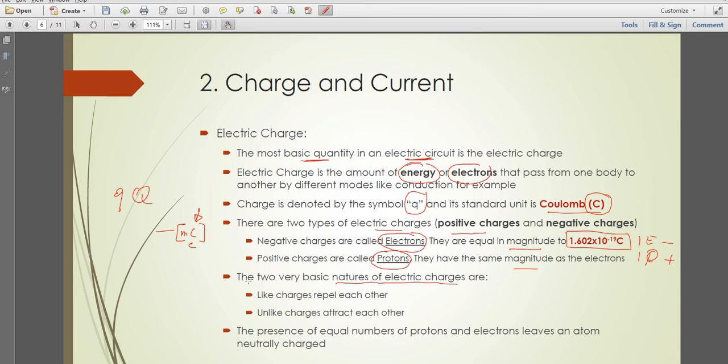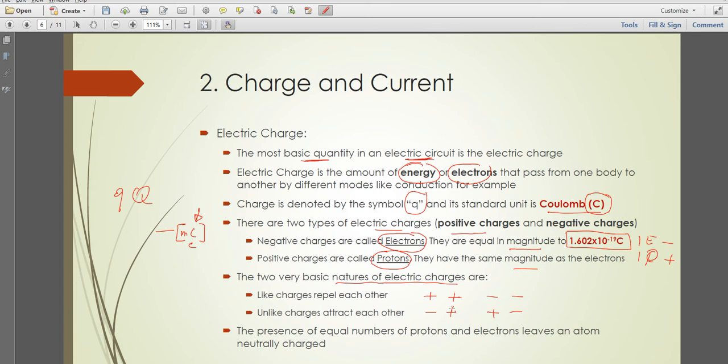Now, the two basic natures of electric charge: if they are the same, both positive or both negative, they will repel each other, they will push each other. If they have different signs, electrons and protons, they attract each other. It's like a magnet: north and north push each other, south and south push each other, and that is repelling.